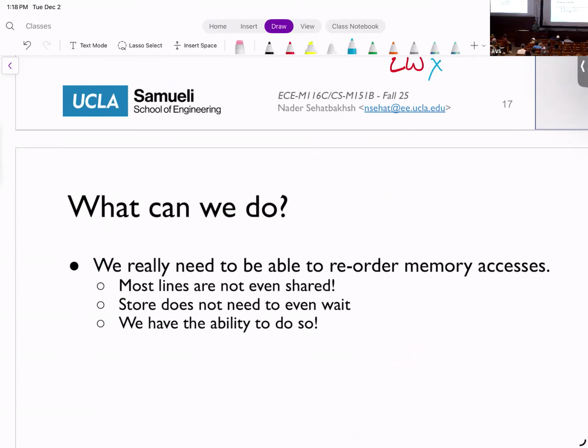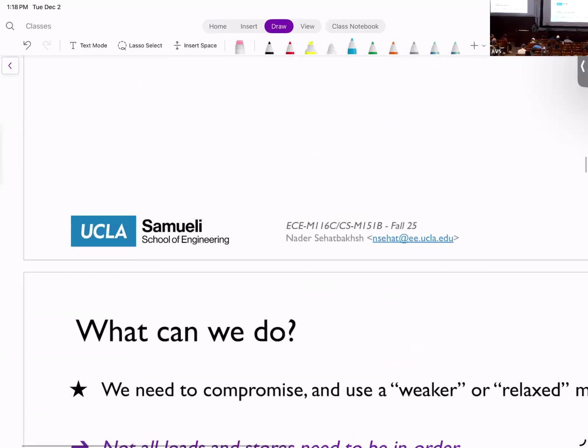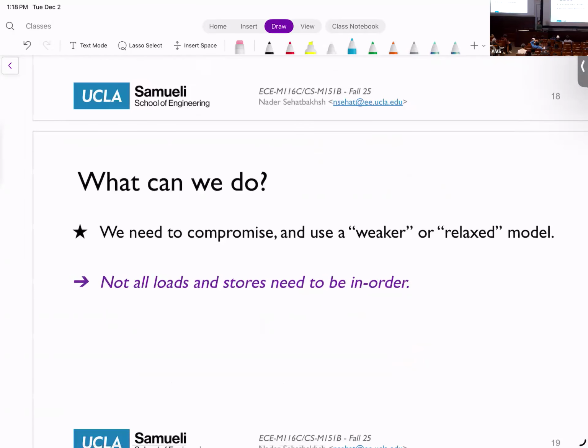This will result in what we call a weak, or relaxed, memory model. So when you hear the term weak memory model, it means that it's not sequential consistency. Sequential consistency is the strong memory model. It's the strongest possible because it enforces all the possible orderings. A weak or relaxed memory model means that it doesn't enforce all 4, or sometimes it enforces some of them, or sometimes it doesn't.